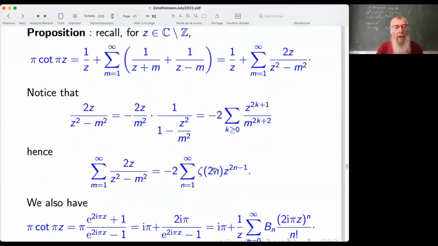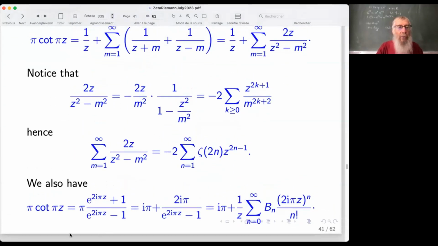But there is another Laurent expansion which is easier to obtain, by using the definition of the cotangent as the quotient of the cosine by the sine, and you expand this by writing that you have i pi plus 2i pi divided by exponential 2i pi z minus 1. So just by writing exponential 2i pi z minus 1 plus 2.